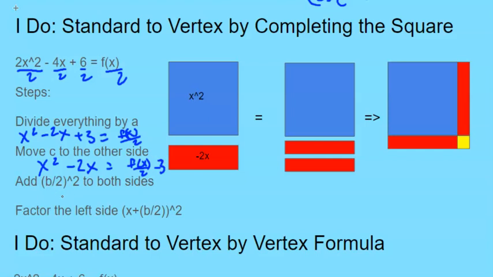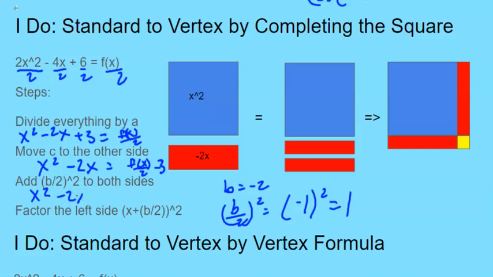Then add b over 2 squared to both sides. b equals negative 2, so b over 2 squared would be 1. So you'd add 1 to each side. So then you have x squared minus 2x plus 1 equals f of x over 2 minus 2, because negative 3 plus 1 is negative 2.